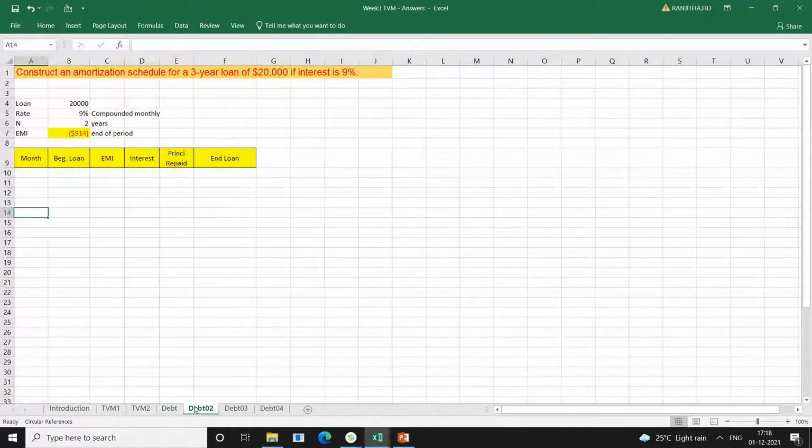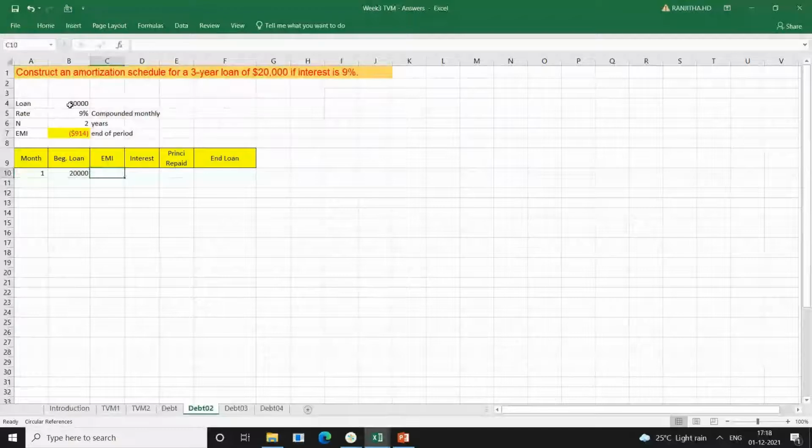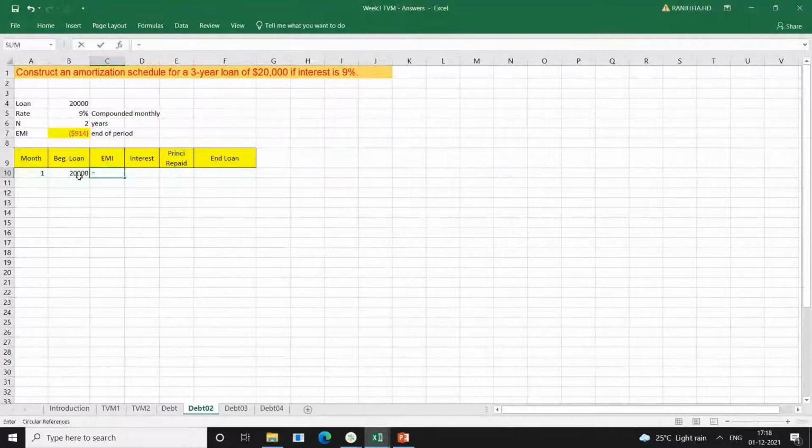Okay. So my first month, beginning of the year, I'll take the loan amount. Now for EMI, you will find the loan amount into 9%. When you drag, you make that one absolute, divided by 12.